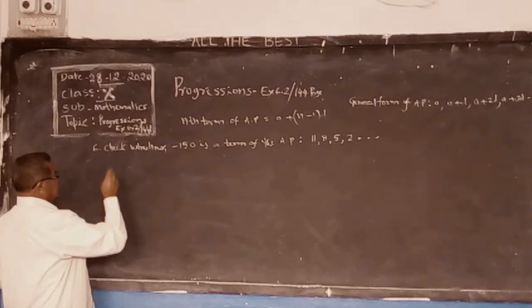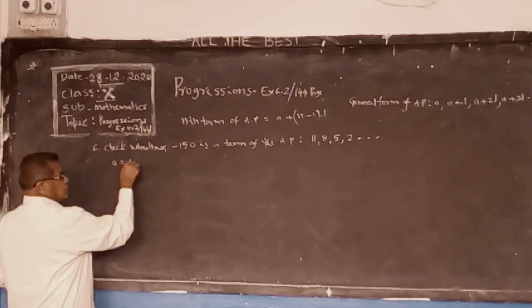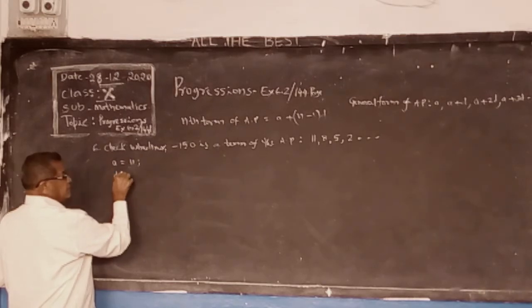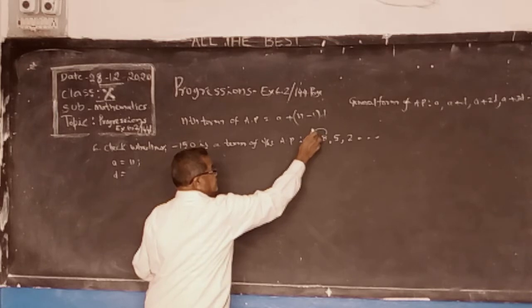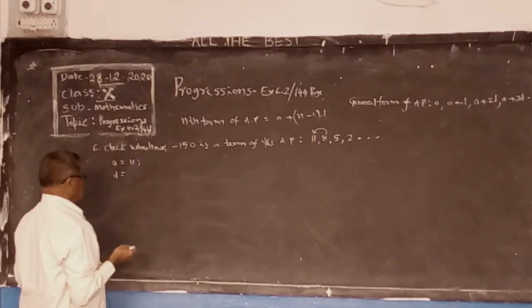Same here, a is equal to 11, d is equal to 8 minus 11, which is minus 3.